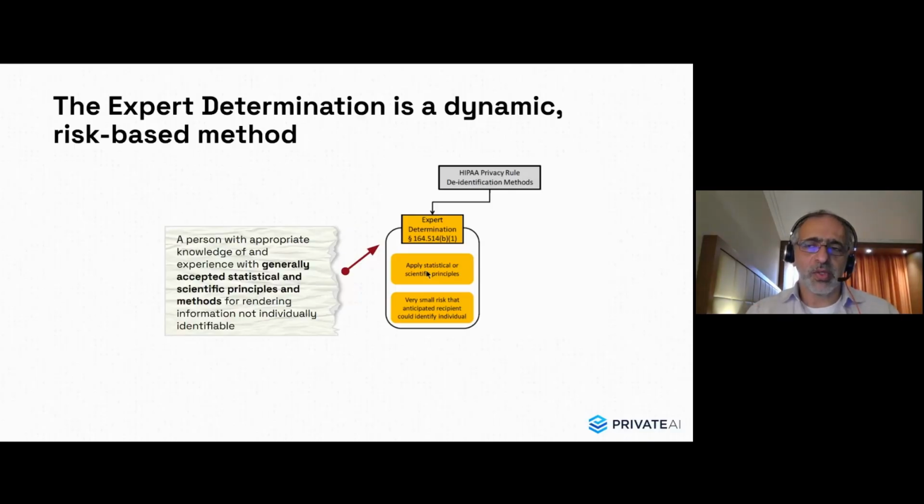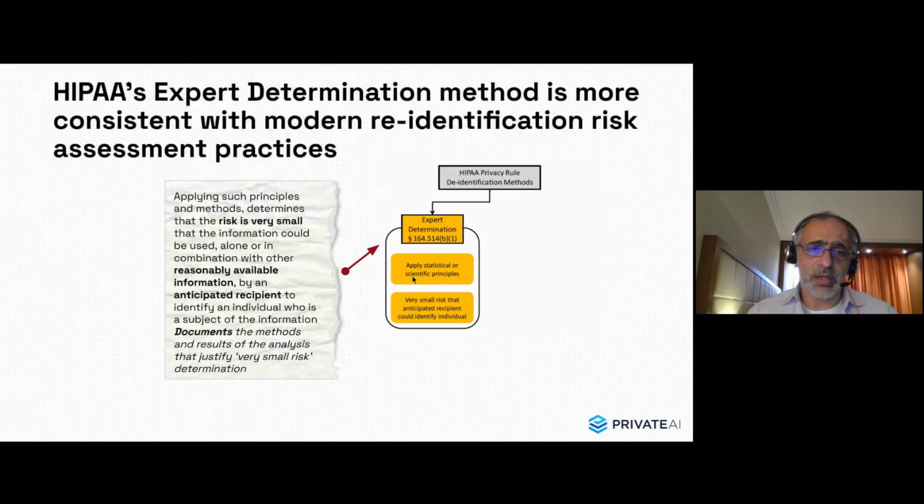So you have to have someone with experience to do this. Then you have to use generally accepted statistical and scientific principles and methods. So you can't make stuff up, and you have to use generally accepted methods such as ISO standards or any other guidance document from HHS or other regulators. And then you have to apply those methods and principles to ensure that the risk is very small.